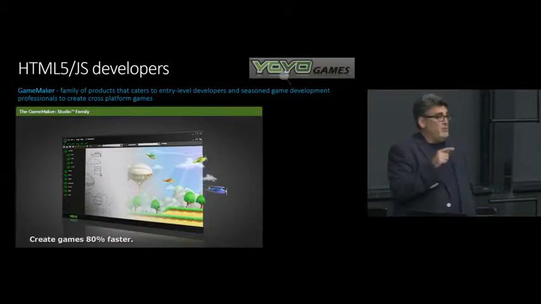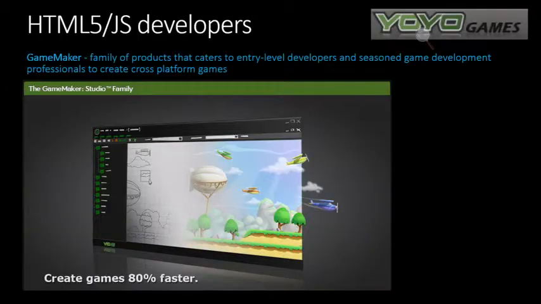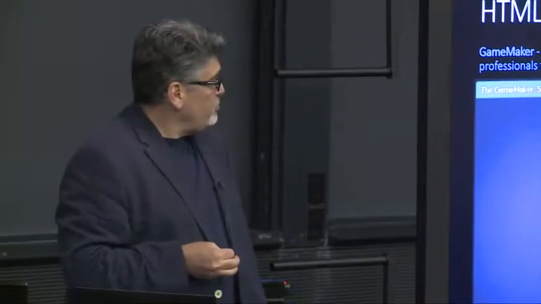If you're an HTML developer and you're a game developer, you might want to look at something like Game Maker Studio from Yo-Yo Games. So this is a cross-platform game development tool. It will generate HTML5 and JavaScript and allow you to target all the different mobile platforms.